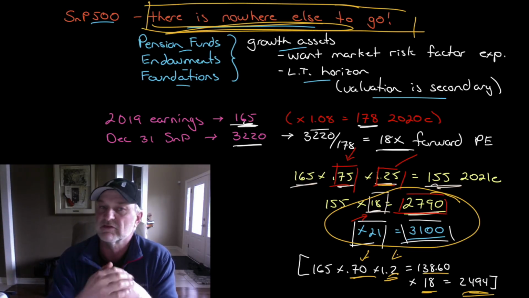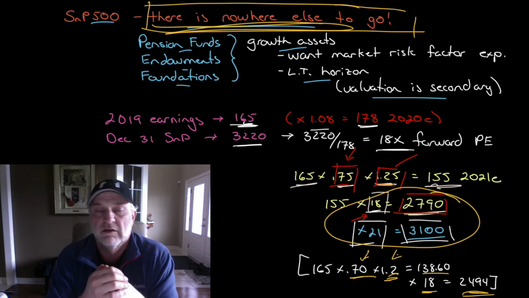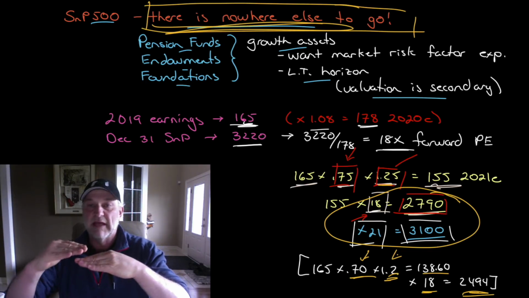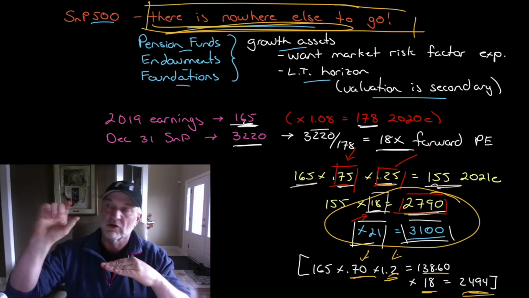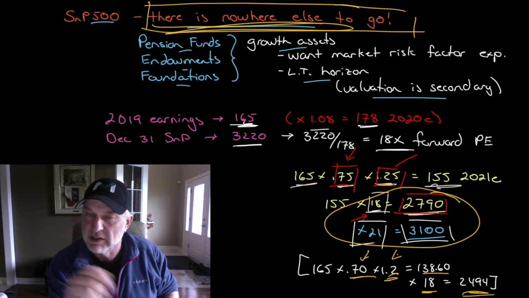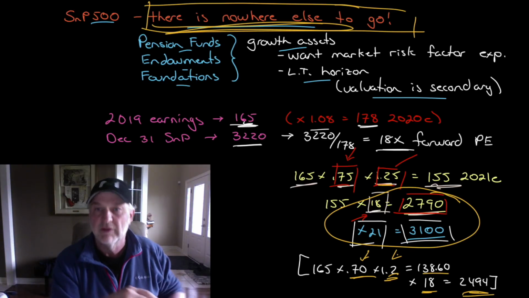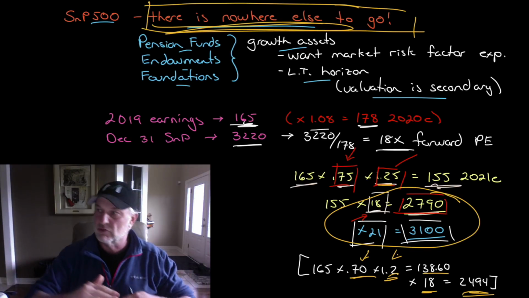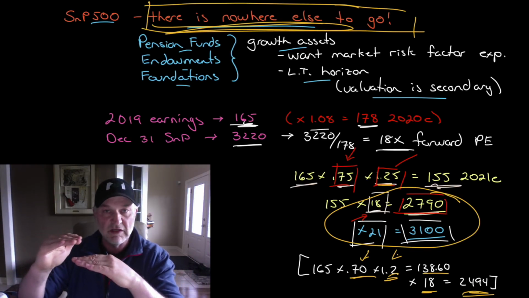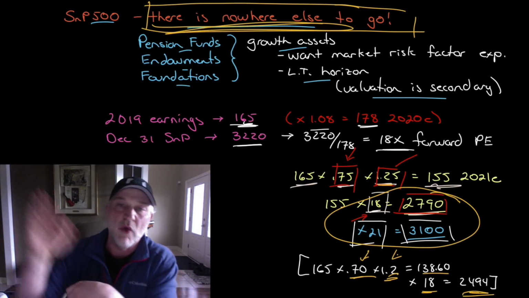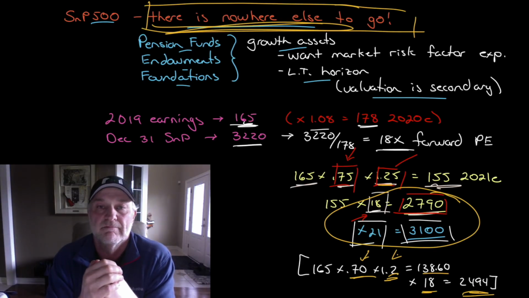In the 50s and 60s, that moved up to 8 to 10 times being the norm, where 12 to 13 times was a really expensive stock. But then the 80s saw this explosion where suddenly 14 to 15 times earnings made a lot of sense, but 20 was an expensive stock.